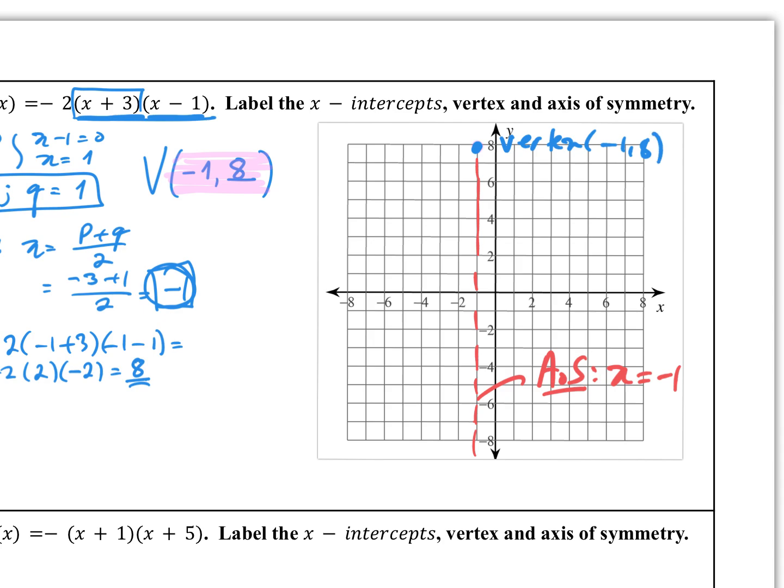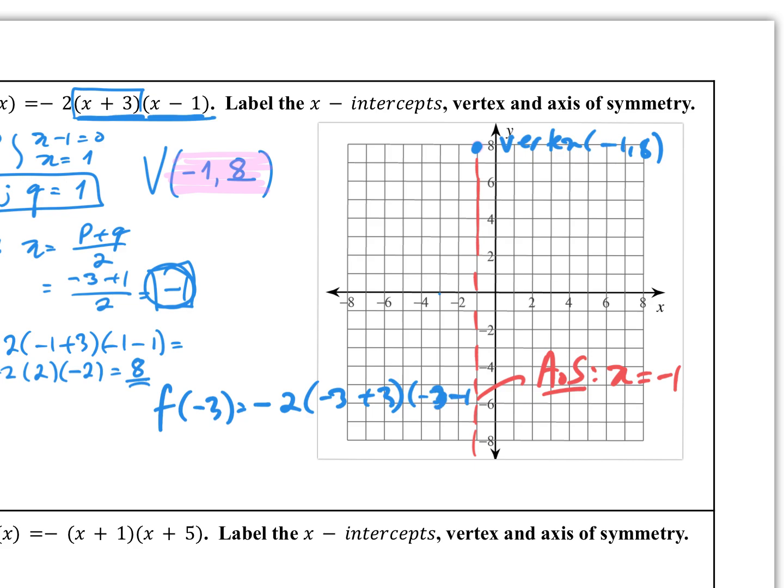Now I cannot draw my parabola properly, so I need another point. For this, I'm going to choose negative 3. What will happen if f of negative 3? That's going to give you negative 2 times negative 3 plus 3 times negative 3 minus 1.